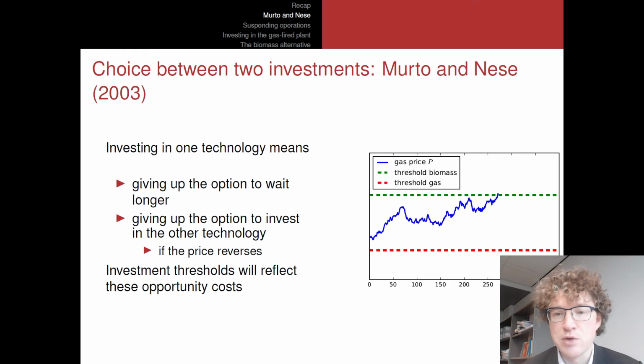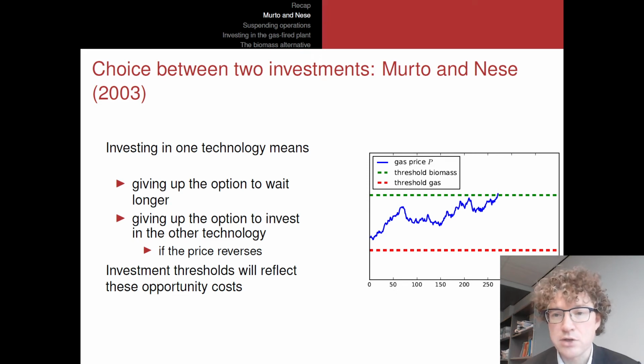If you're still in between, the price might reverse and go the other way, and then you might prefer to have invested in the other technology instead. So you also have to take into account the value of the option to not invest in one technology, but instead invest in the other.